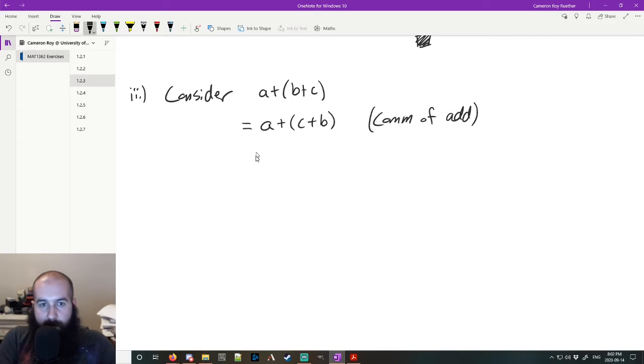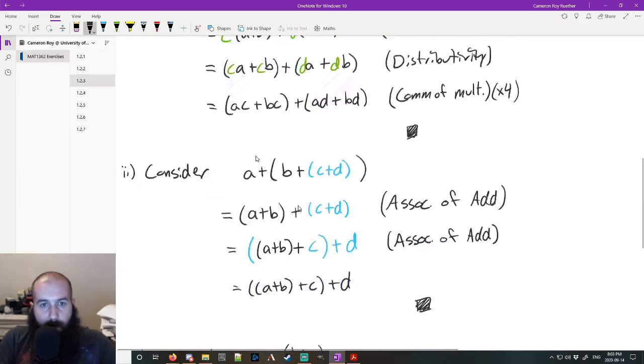Now that A and C are next to each other, we can group them together by moving the brackets. And this is associativity of addition. Right, so we've got the things grouped together. Where are we headed?